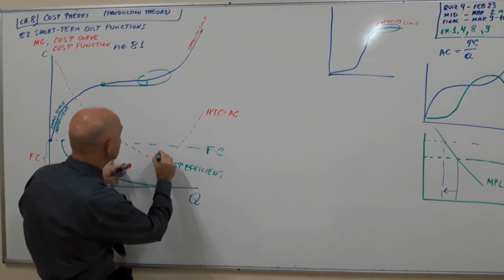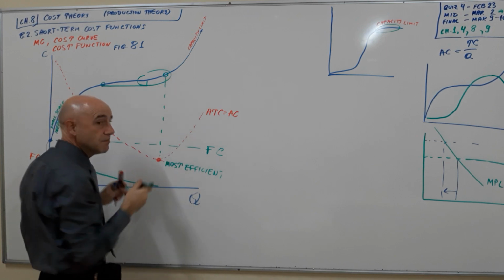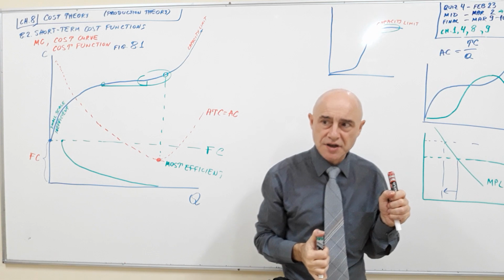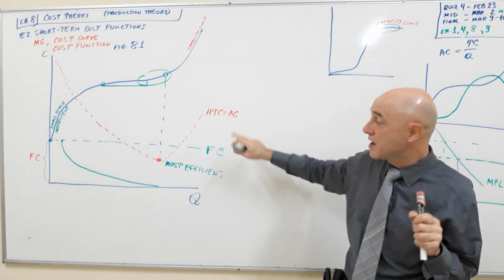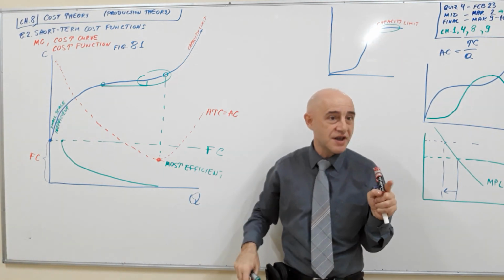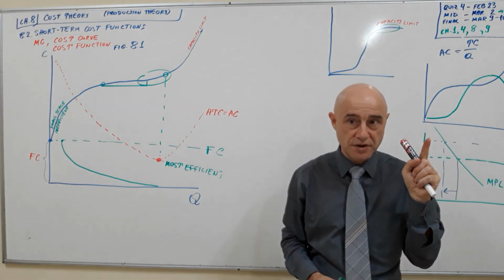Okay, and it will correspond somewhere over here, most efficient. So, efficiency is associated with lowest cost per unit. Average cost is the same as cost per unit.